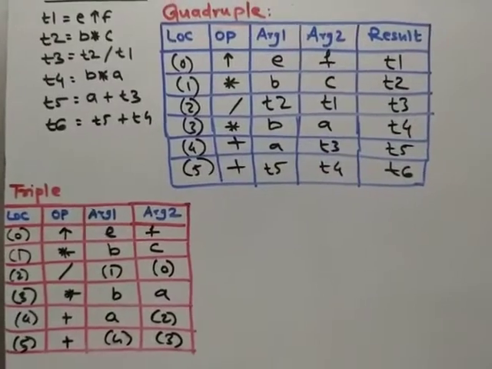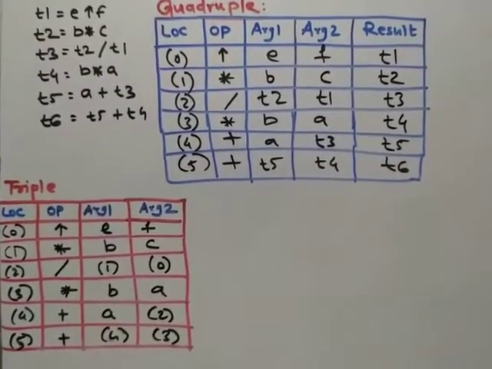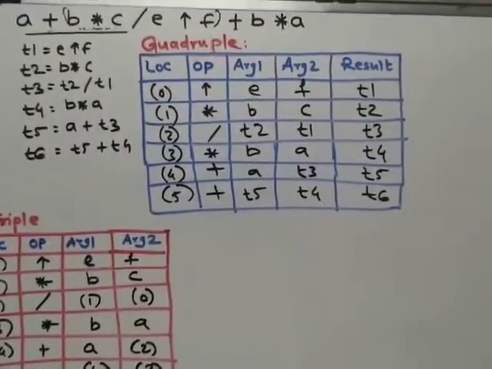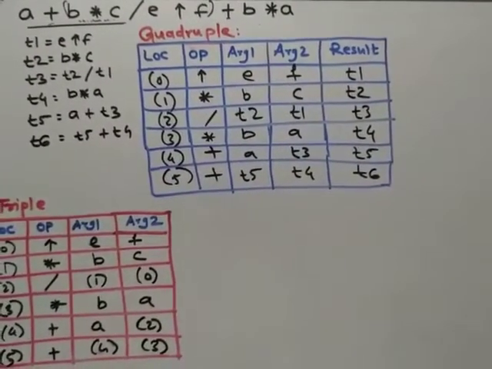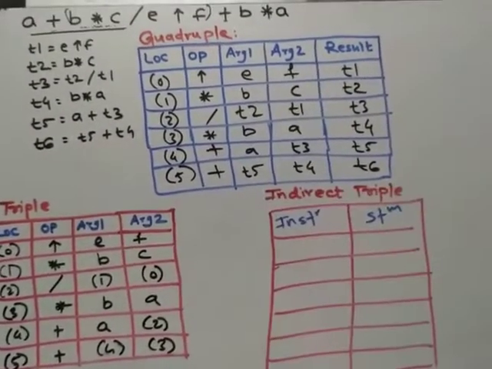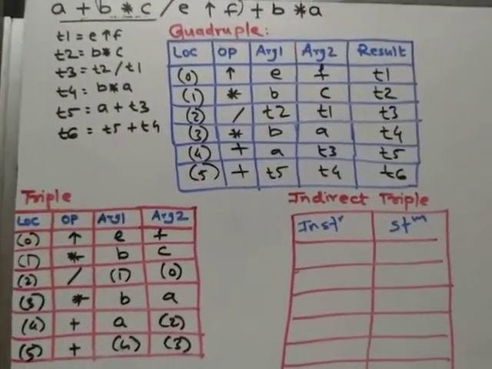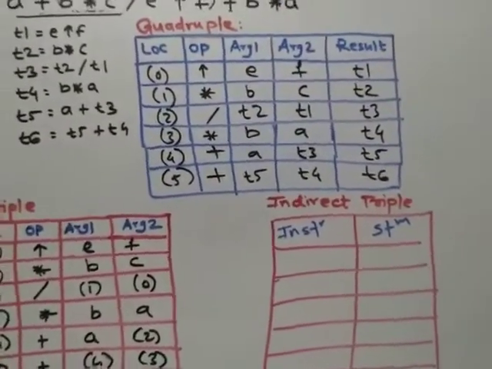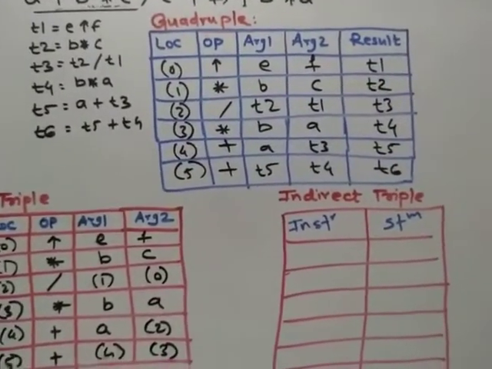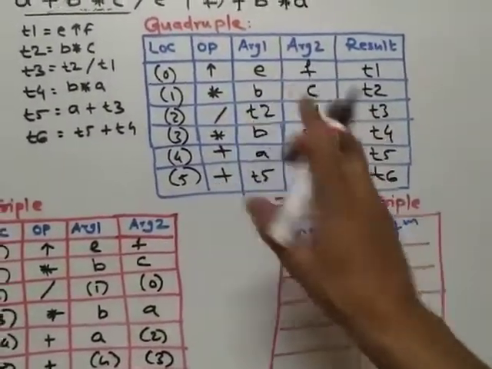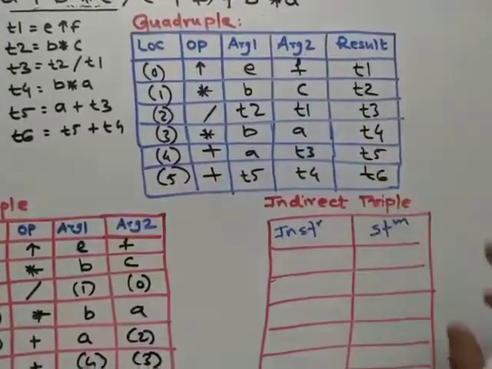You can observe quadruple as well as triple. Now we will see in what way we can represent this entire expression with the help of indirect triple. Now see how we can construct the indirect triple. Indirect triple doesn't store any of these arguments or operator or the result.